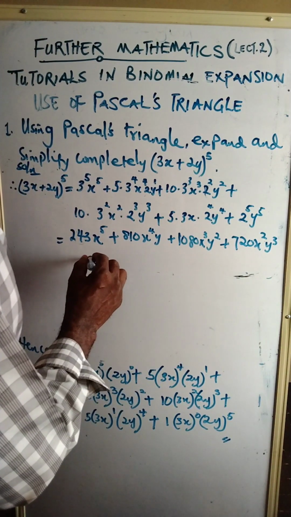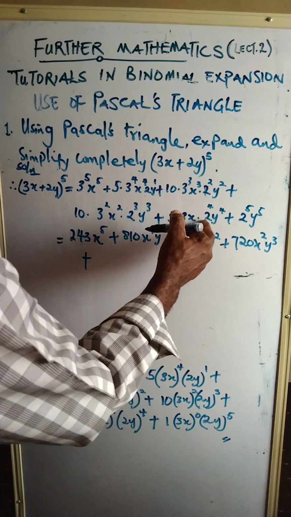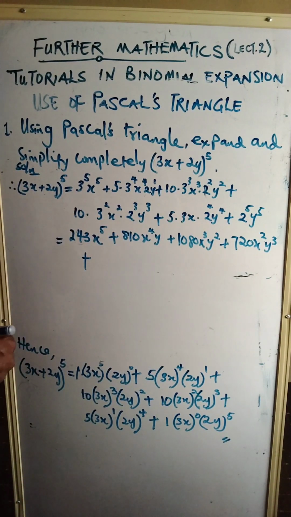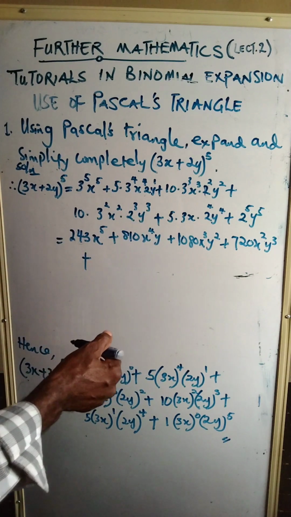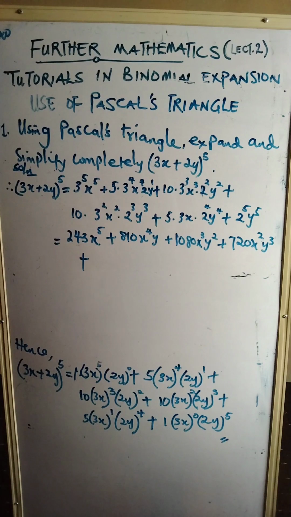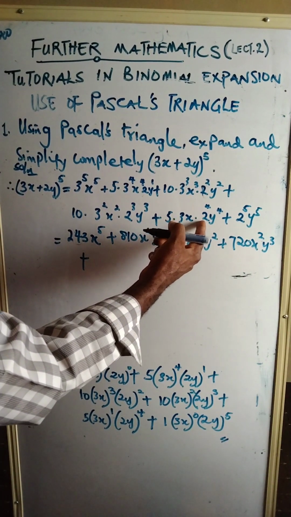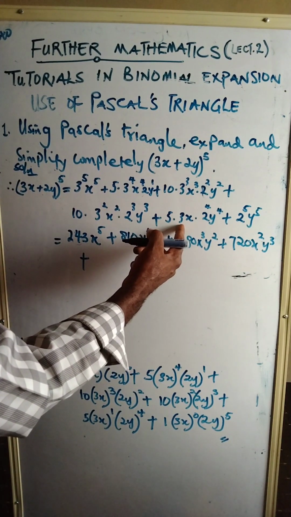Right. The next one is this. We'll have 2 times 2 times, that's 32. All right, 32 times 15. So our next term, which is this, this is 16 times 5 times 3.